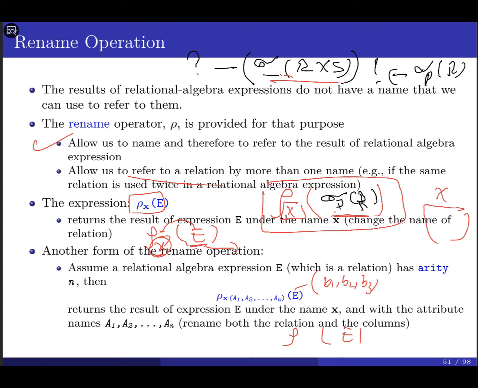I'm going to use C. I like C, relation C. Then for the attributes, since we have three attributes, the first one is going to be called A1. The second one, do you want to change it or not? I don't want it to change. Okay, I will keep the second one. Do you want to change the name of the third one? Yes. To what? To A3. So in this case, we have the relation C, and the attributes are the first one called A1, the second one B2, and the third one A3.